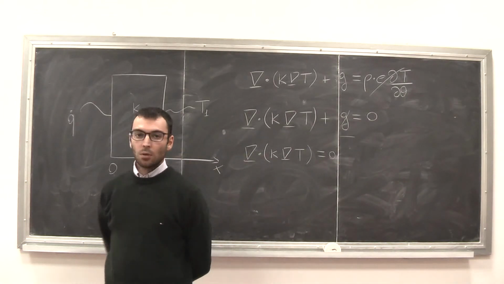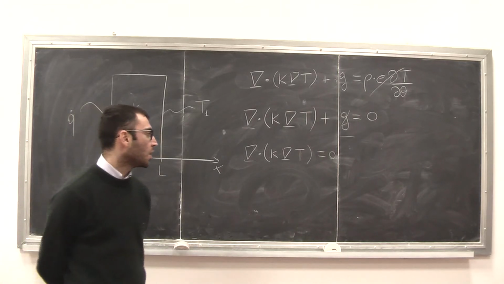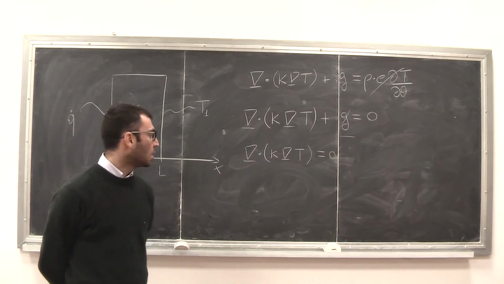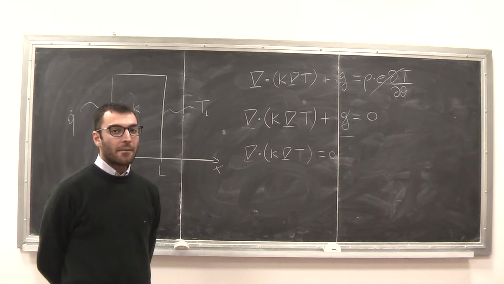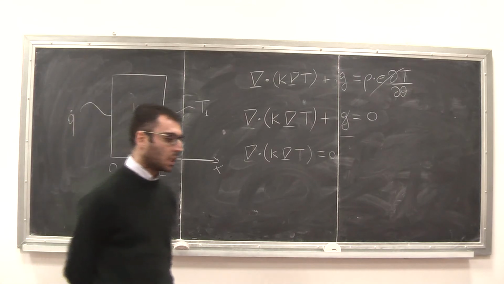Now, in order to keep on with our process of simplification, we need to understand if K can be taken out the divergence. And in order to do this, we need to do hypotheses on the material.